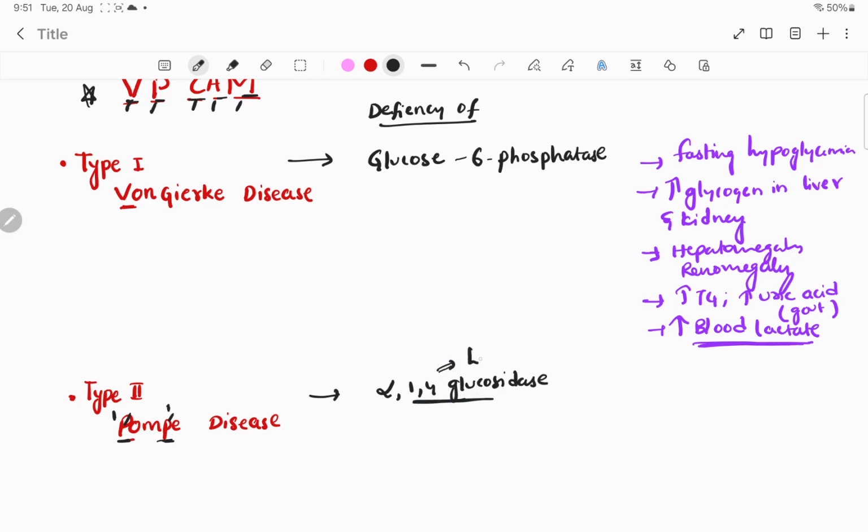It is an example of a lysosomal acid enzyme deficiency, and Pompe's disease is also due to the deficiency of acid maltase.